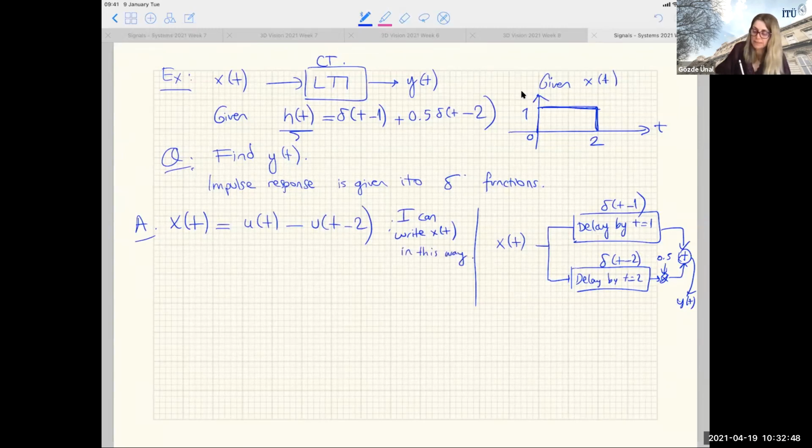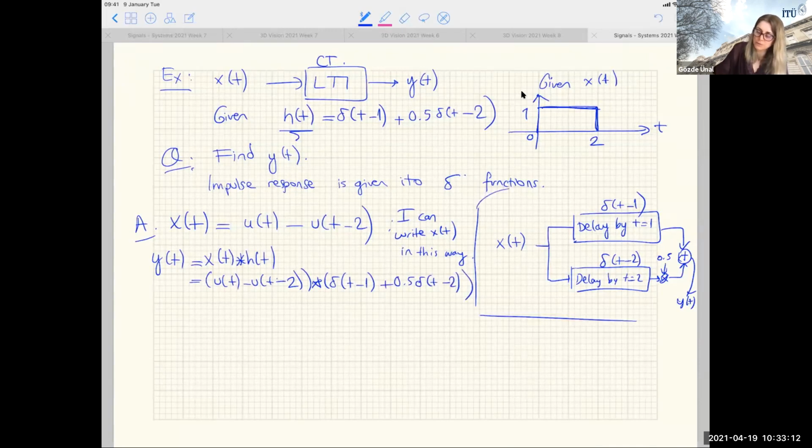So now you guys can see that y of t is really x of t convolved with h of t. Just bring the math here: u of t minus u of t minus 2 convolved with delta of t minus 1 plus 0.5 delta of t minus 2. You are using all kinds of properties of convolution; here it's distributive over addition, right?